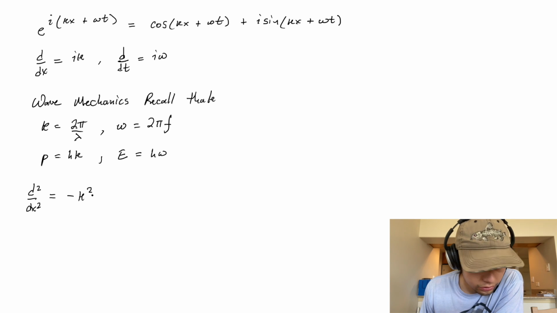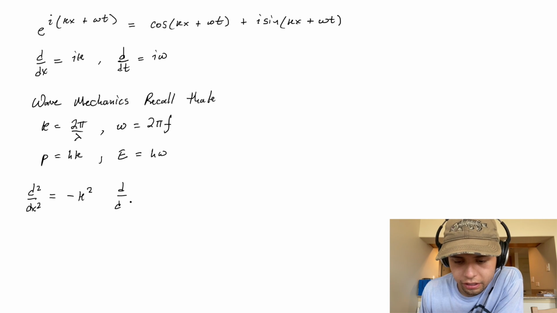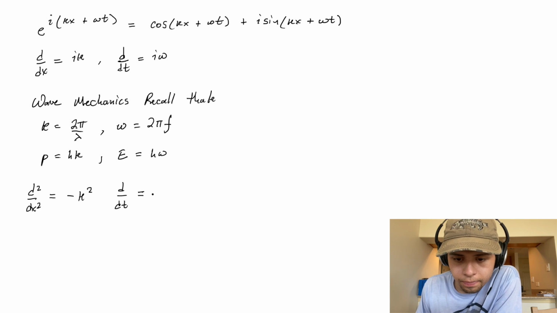And then d/dt I'll just rewrite down here. We're not going to be particularly interested in doing anything with d/dt, so I'll just keep that as i omega. So that's just a copy of this down here.